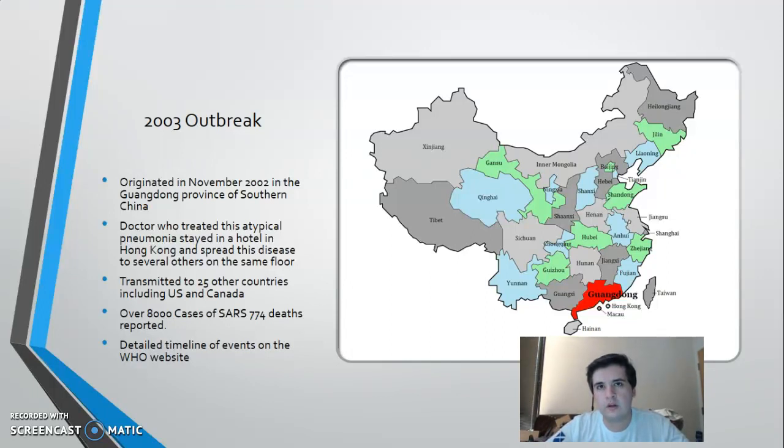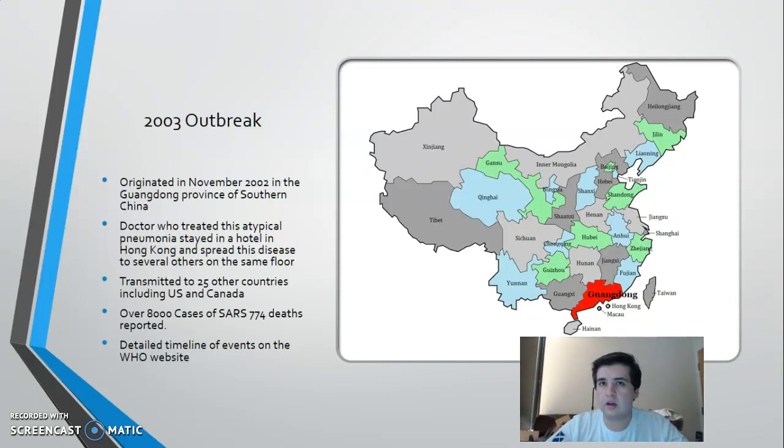There were over 8,000 SARS cases reported over a year and a half. The outbreak officially lasted from 2002 to July 2003. In total, there were 8,000 cases of SARS and 774 deaths.